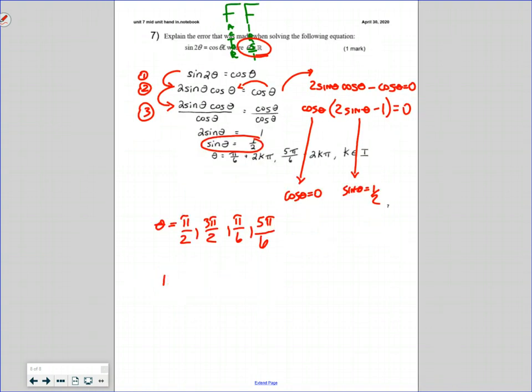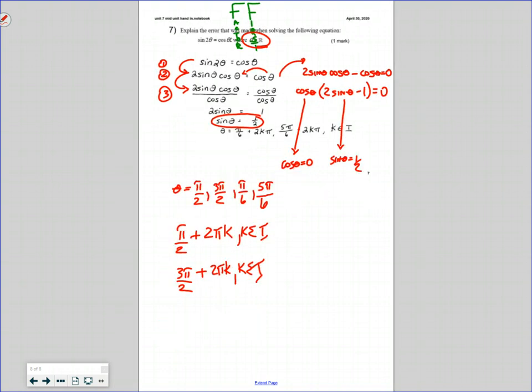So you have to take each of these, each of them, don't get lazy on me, and add full rotations to them. Add 2 pi k, k times, for each of them.